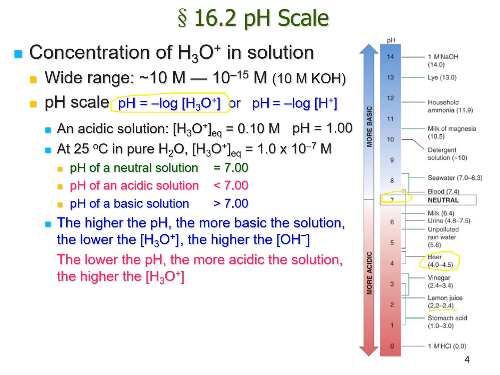If we reverse that statement, focusing on acidic solutions, the lower the pH, the more acidic a solution is, and the higher the concentration of hydronium, meaning the lower the hydroxide. So the trend of pH and that of the concentration of hydroxide is totally opposite. The higher the pH, the weaker the acid, the lower the concentration of hydronium. This is something that I want you guys to get used to.